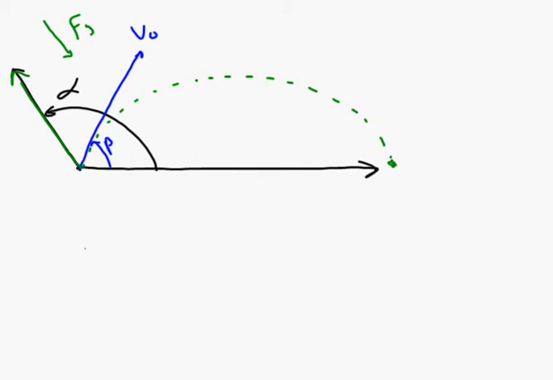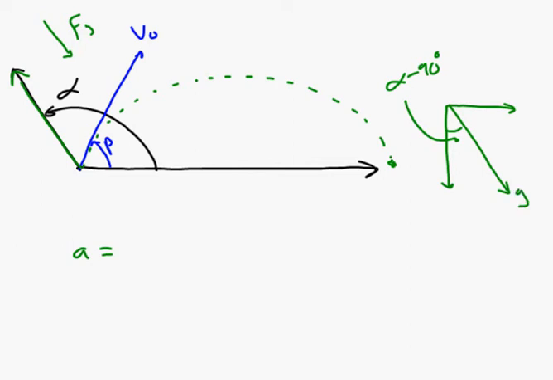So here we go. Gravity is going in this direction, so it has a component here and a component here. And here's that angle, that's the angle alpha minus 90. And this is g.